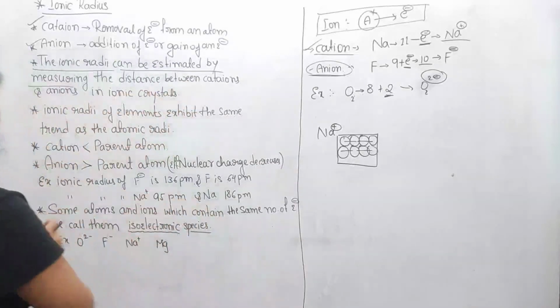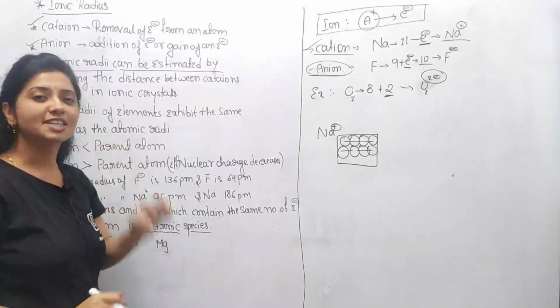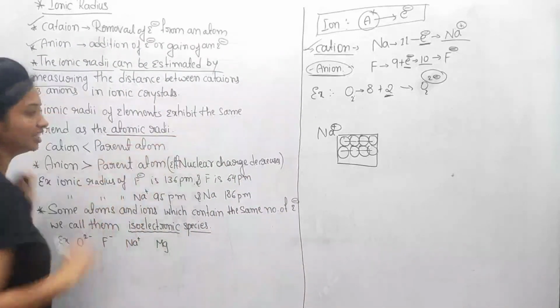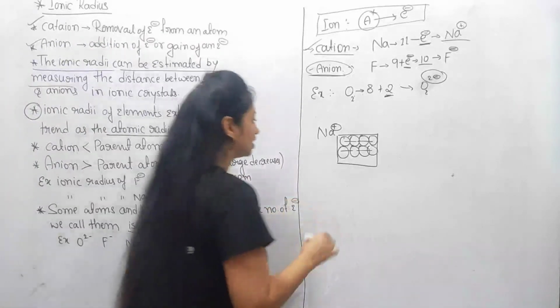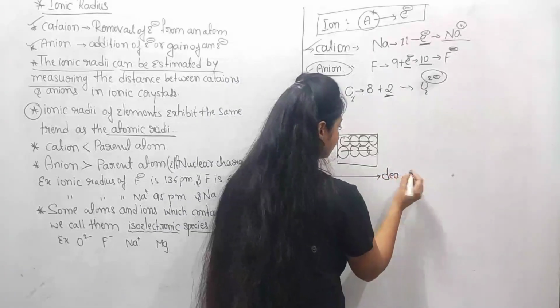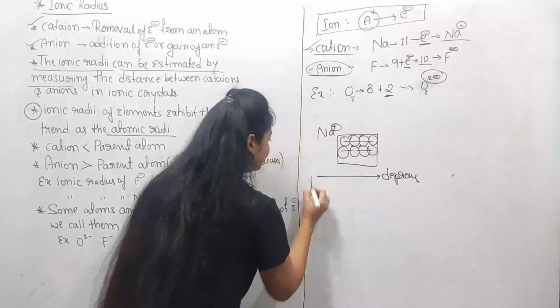Remember this point, this is a very important point guys. The ionic radii of an element exhibit the same trends as the atomic radii. How does the atomic radii decrease along the period and increase with the group?